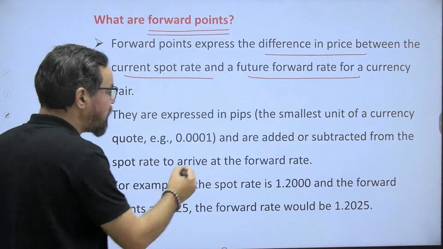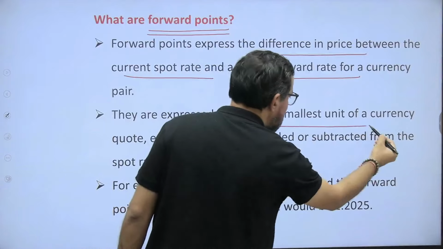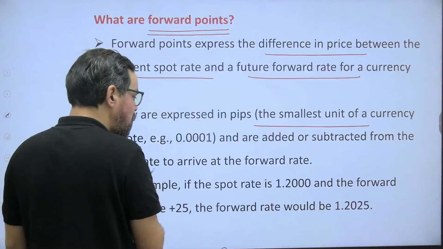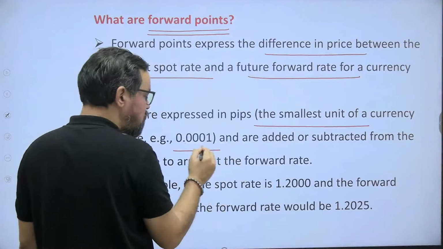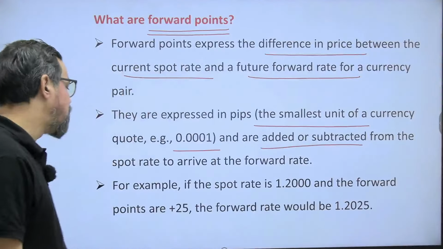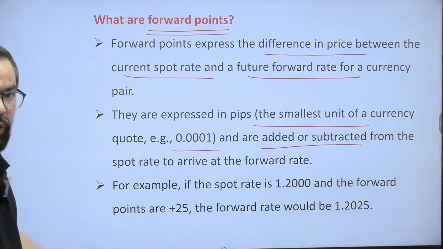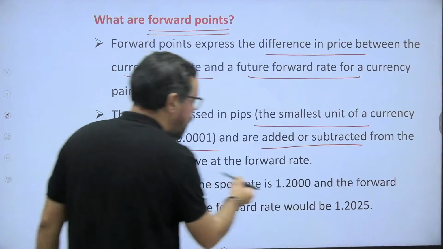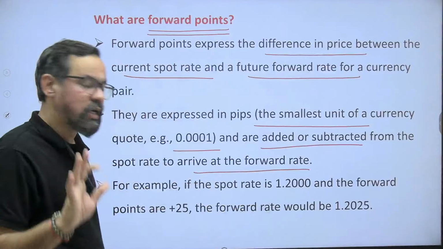They are expressed in pips, the smallest unit of a currency quote, like 0.0001, and are added to or subtracted from the spot rate to arrive at the forward rate. That is also known as your premium or discount.